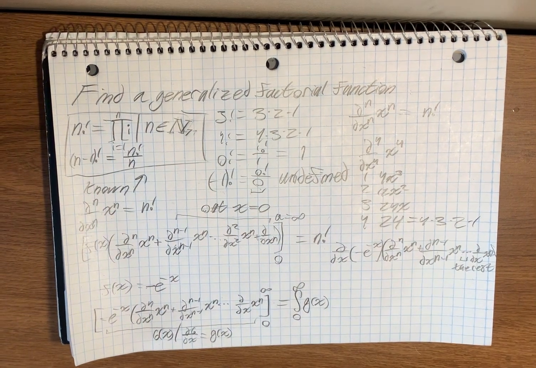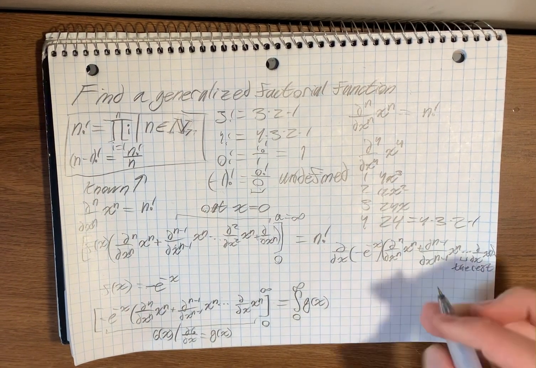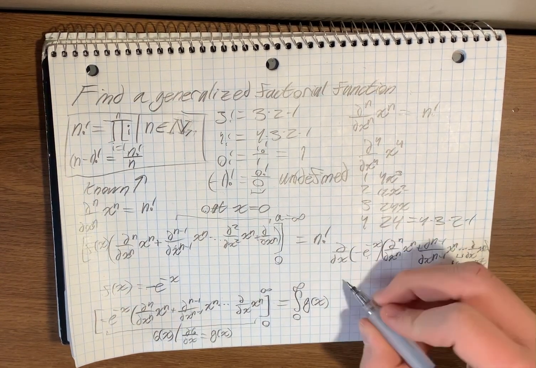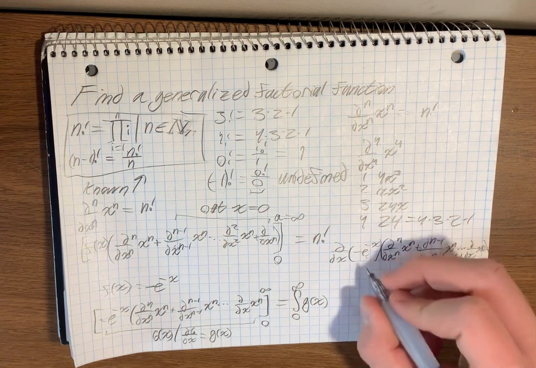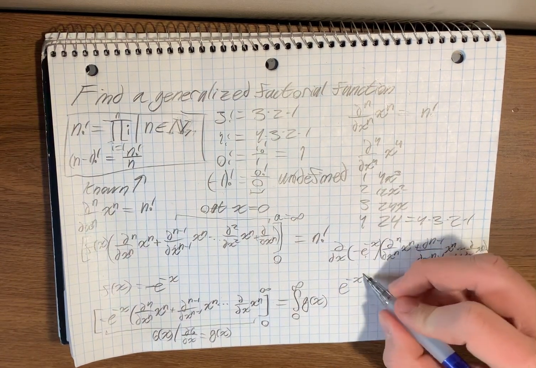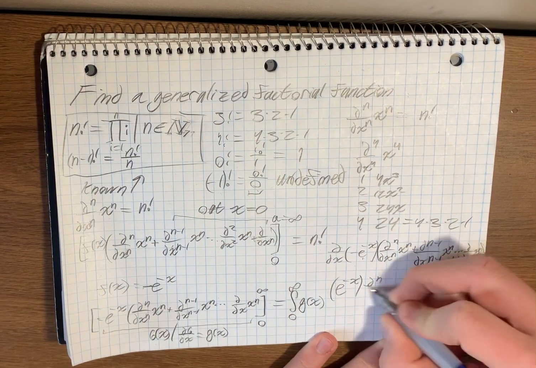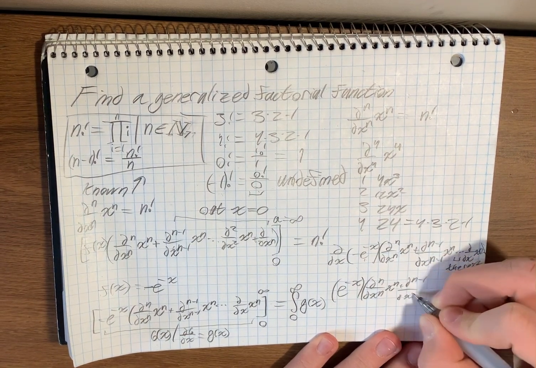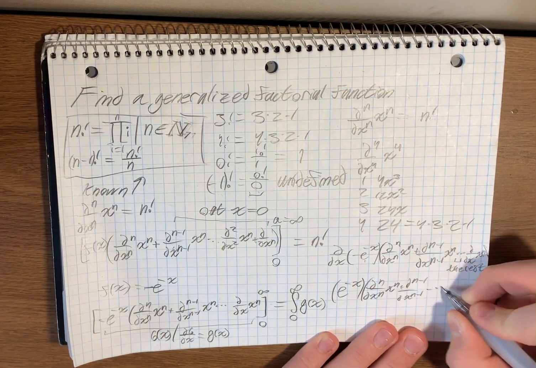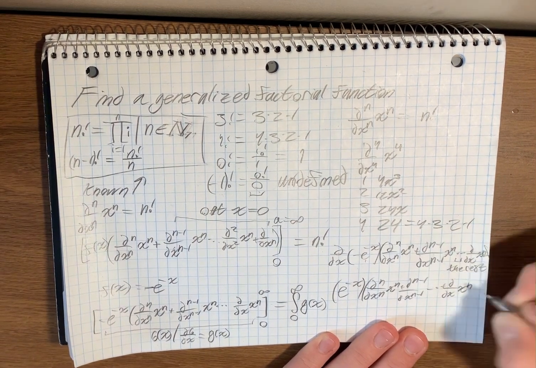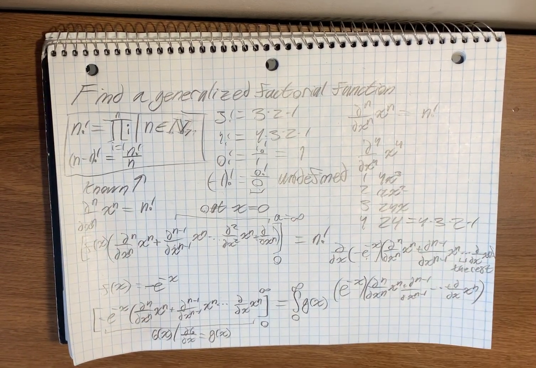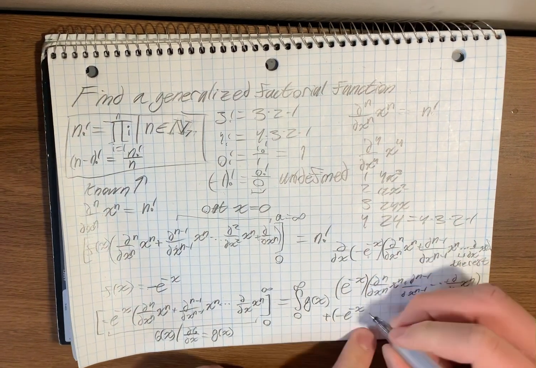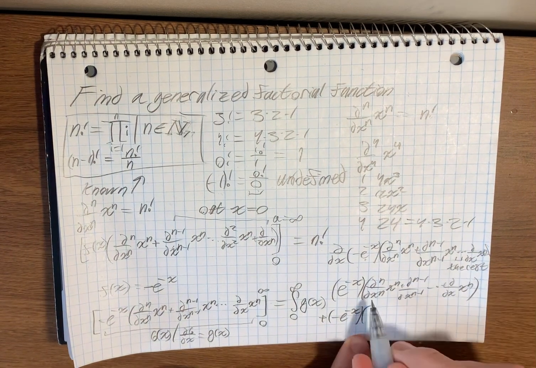So the product rule says that this is just going to be the derivative of this times this plus this times the derivative of that. So this negative comes down, we just get e to the negative x times this, and then it's going to be plus negative e to the negative x, and then you just need to differentiate this.